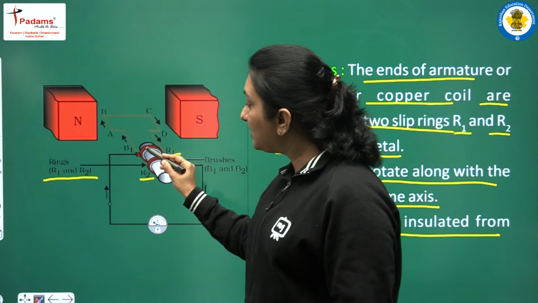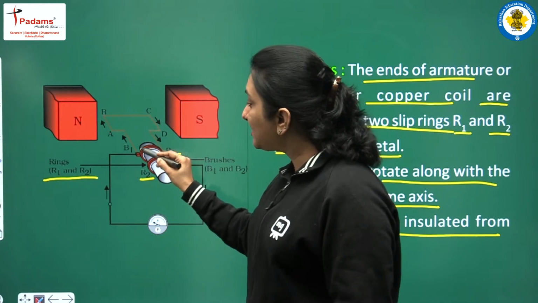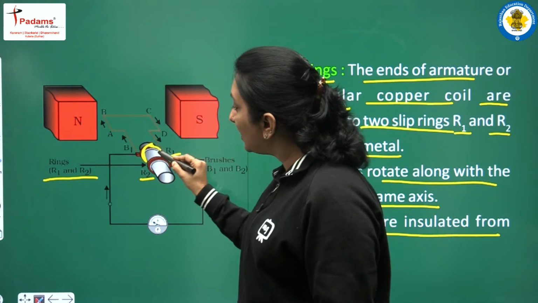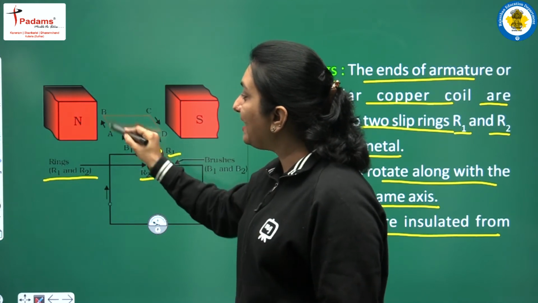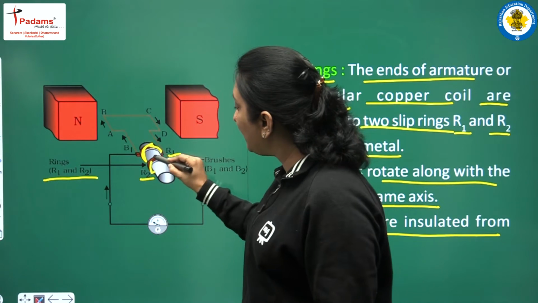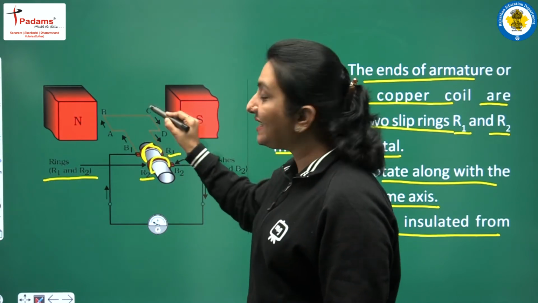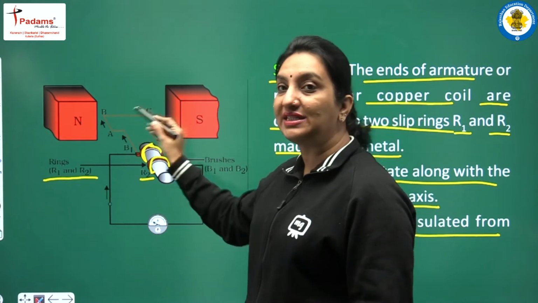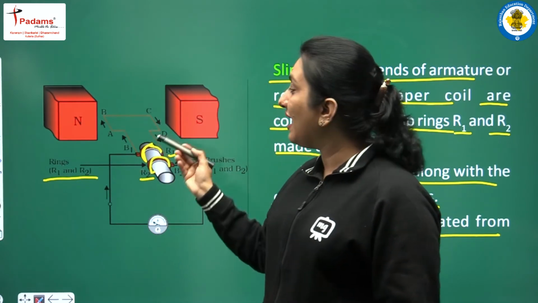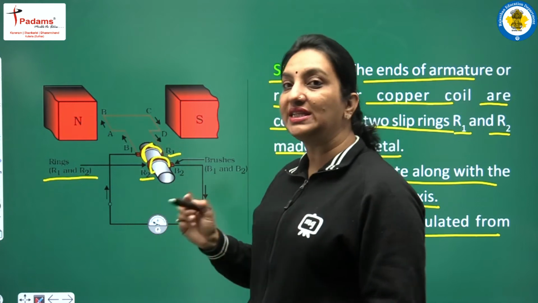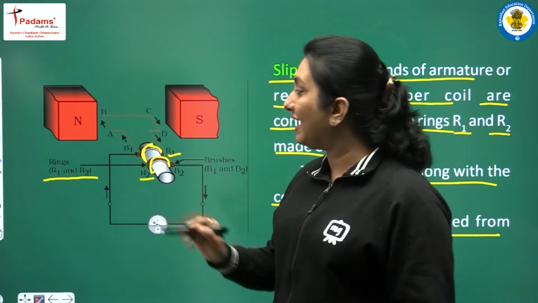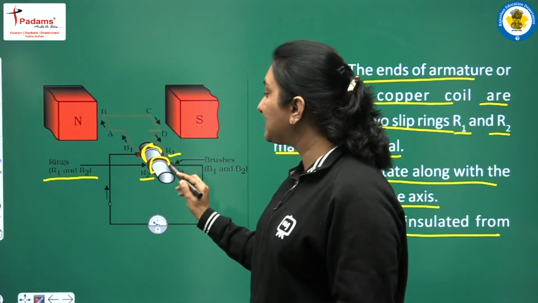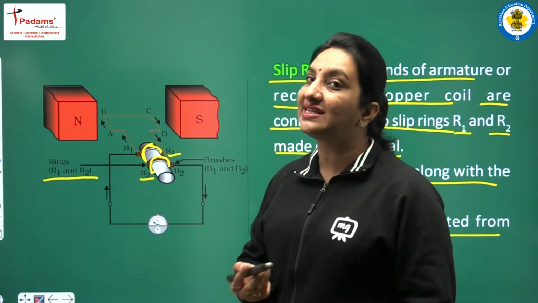Now, you can see, students, that this slip ring is connected to the armature side AB, and this slip ring is connected to the armature side CD. So, you can see that these slip rings are connected to the armature, and each arm of the armature is connected to one slip ring, and here AB is connected to R1, and CD is connected to the second slip ring which is R2.